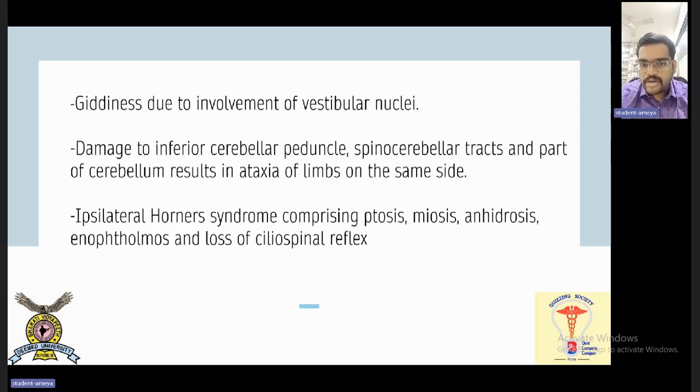The presentation of Horner syndrome can be remembered as PAMELA: P for ptosis, A for anhidrosis, M for miosis, E for enophthalmos, and L for loss of ciliospinal reflex. The A is just to give the addition, so A actually does not stand for anything there. So that is mnemonic number 1.